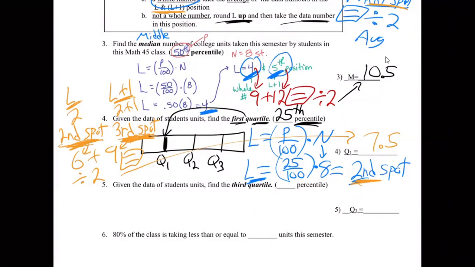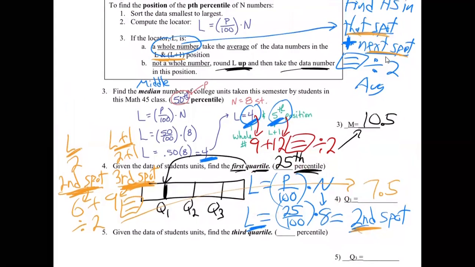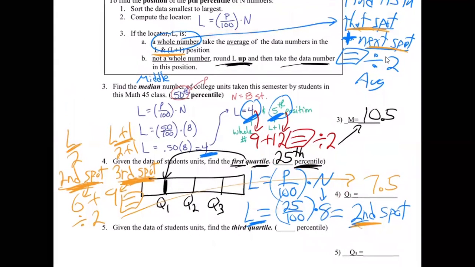Does everybody see what we did then? They asked us to find the first quartile, which is the end of the first quarter, like in a basketball game or football game, which means you're 25% of the way through the game. So that's the 25th percentile. And so we used the formula here for percentile that Miss Jones gave us, and we plugged in P is 25, N is 8, and then we worked it out.